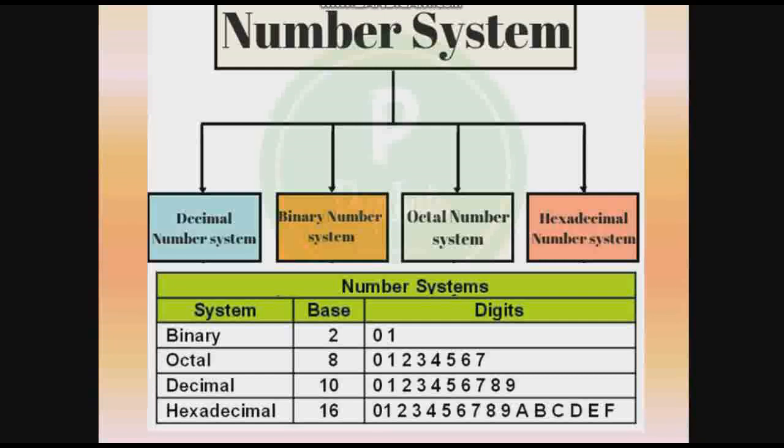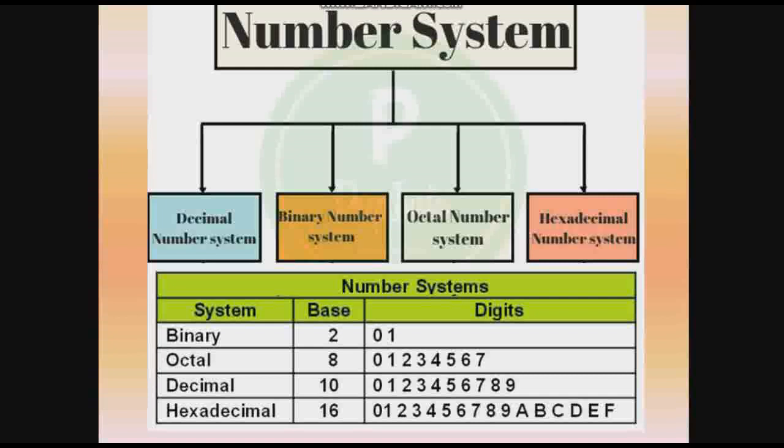In this chapter we will understand all four types of number system, and also learn how to convert any number to another number system, such as a decimal number to a binary number, or a binary number to a decimal number. We will learn these different conversions here, and also understand how numbers are used in a computer.